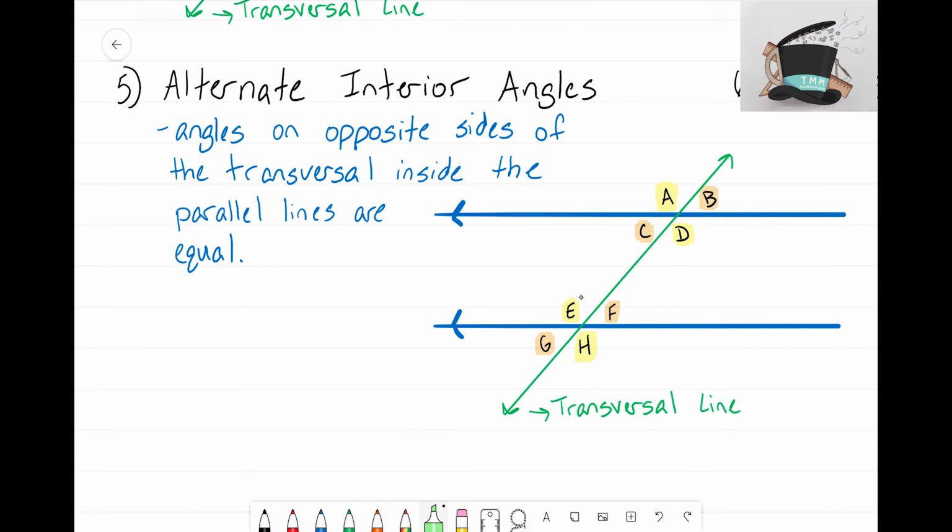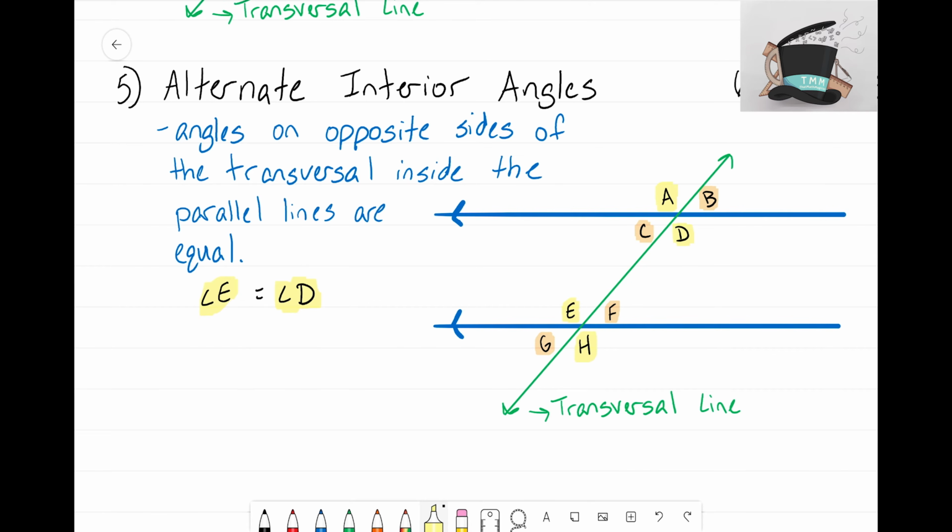We knew that from the last problem, but the name we're going to use now is alternate interior angles. Angle E is equal to angle D because they're both inside the parallel lines but on opposite sides of the transversal. So E and D are alternate interior.